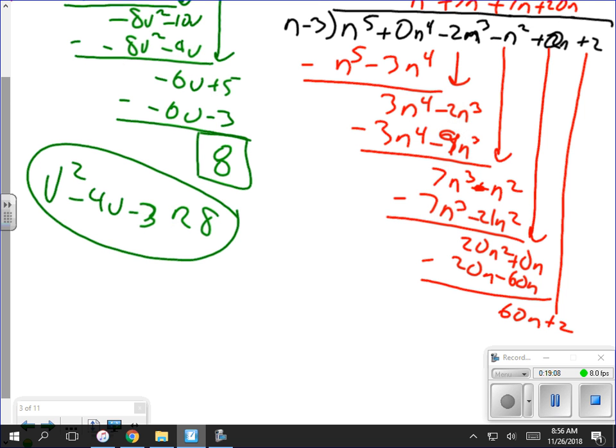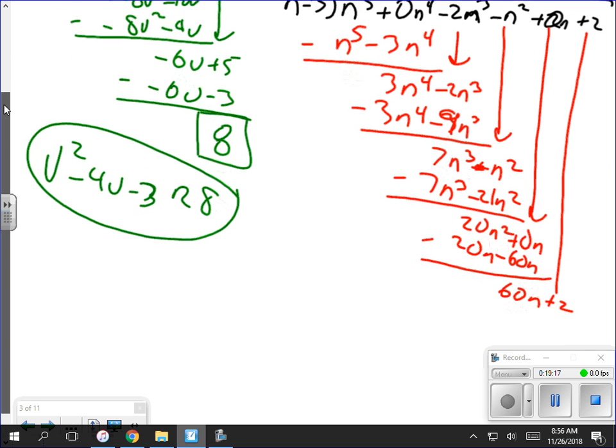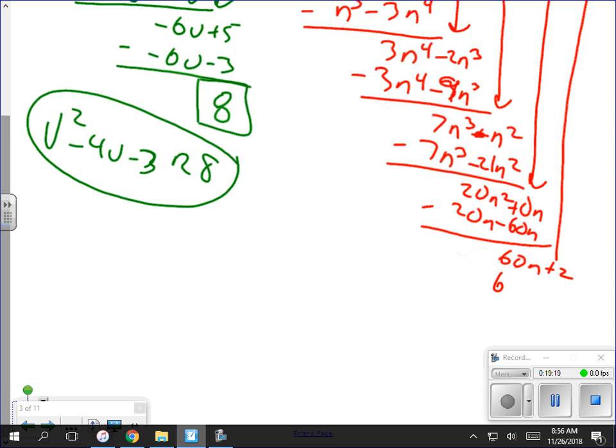N goes into 60n. 60 times. 60 times n minus 3 is 60n minus 180. Subtract. 2 minus negative 180 is 182. So my final answer.